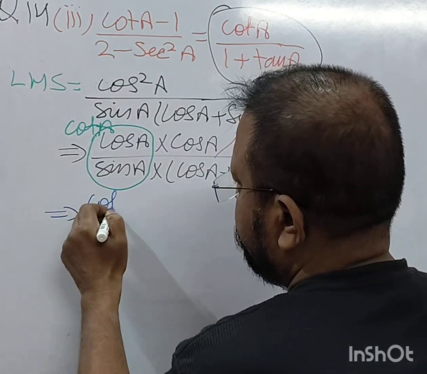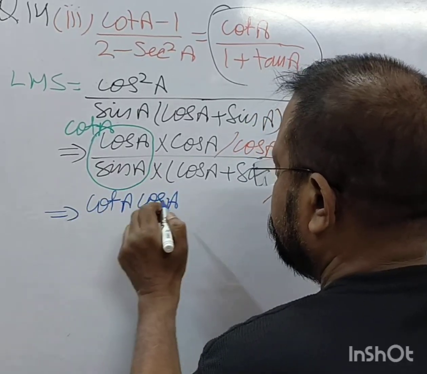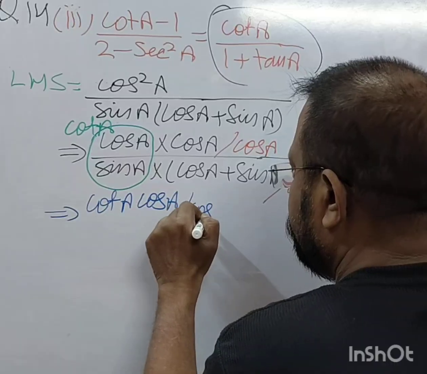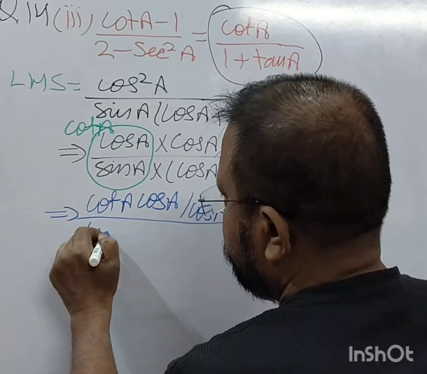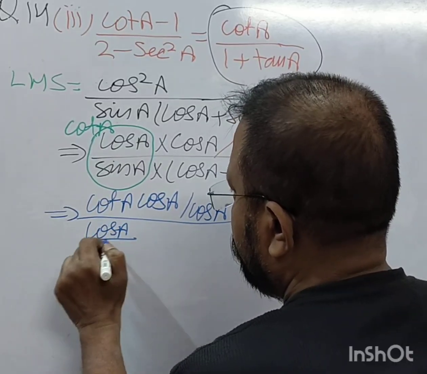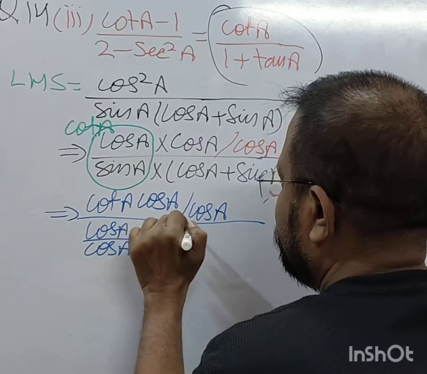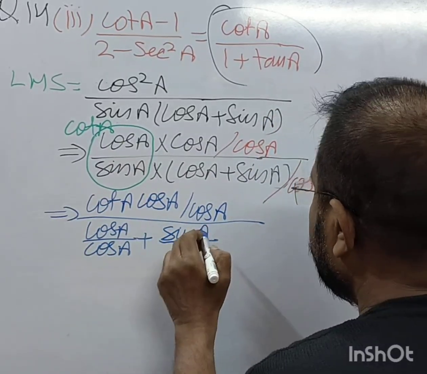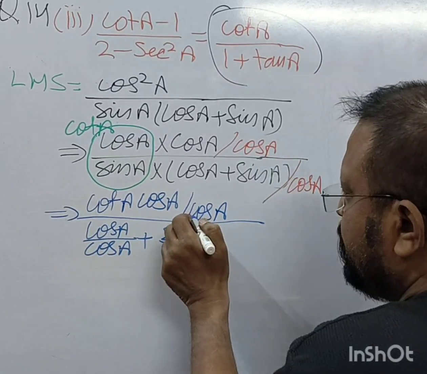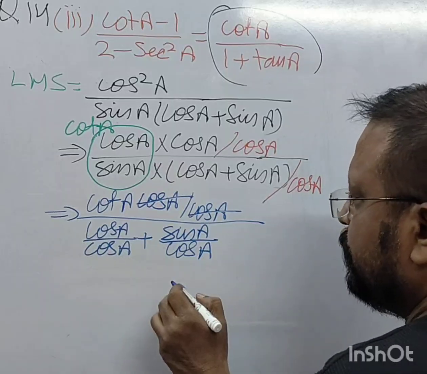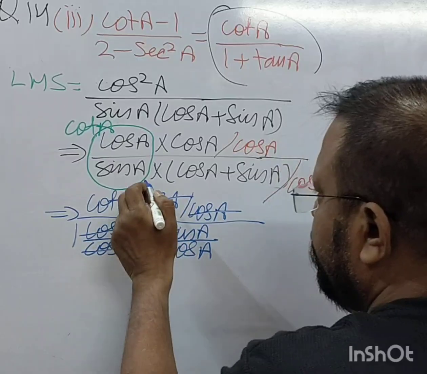Cot A cos A slash cos A upon cos A upon cos A plus sin A upon cos A. You get it? This cos A and cos A is gone, and this cos A and cos A is gone. You get 1. Here you get 1.